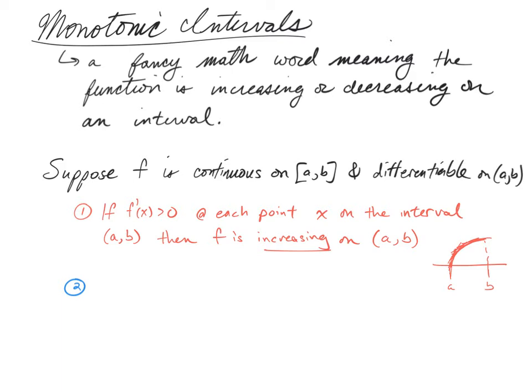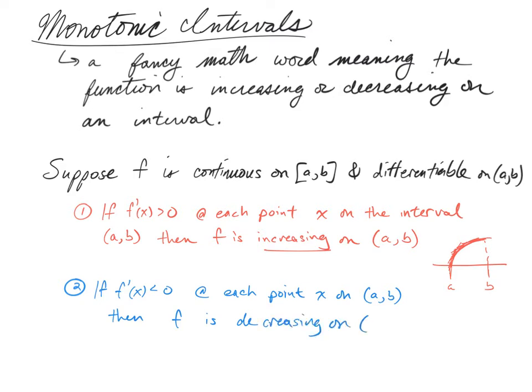Okay, so similarly, we can say if f prime of x, or if the slope of the tangent line is less than 0 at each point x on the open interval ab, then the function is decreasing on the open interval a, b.